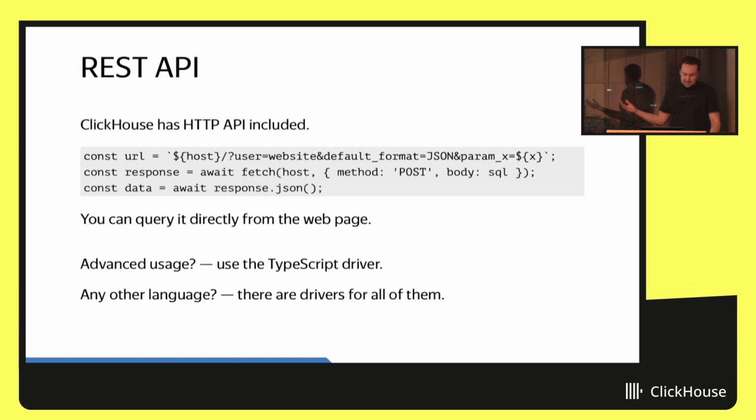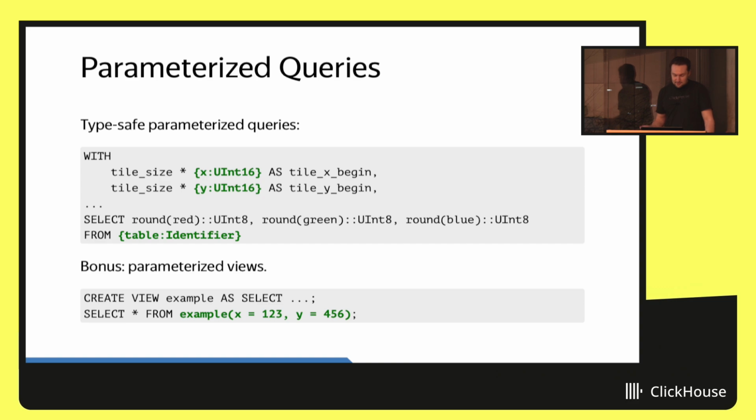If you need some advanced usage, you use a TypeScript driver. If you use any other language, you use a corresponding driver. ClickHouse has support for parameterized queries, and they are not like in other databases, where you just type a question mark and it will be whatever. We have type-safe parameterized queries.